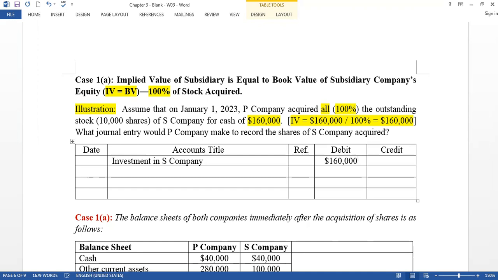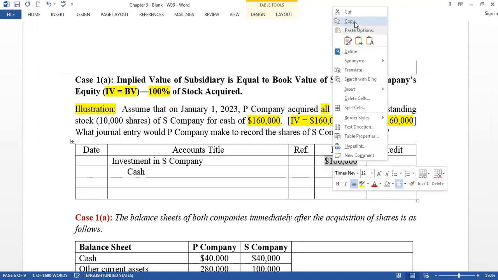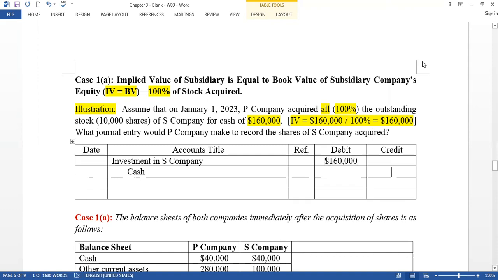You invest $160,000 to acquire the subsidiary company, and here the question said that you paid cash. Maybe another question said that you issue common stock. If you issue common stock, then common stock credit, right? So this question said that you acquire 100% of the subsidiary company and you paid cash. It is given, and this is the narration. You know what to record.